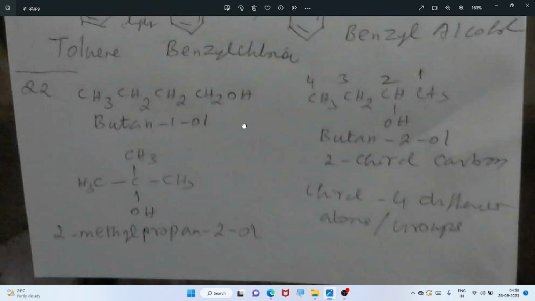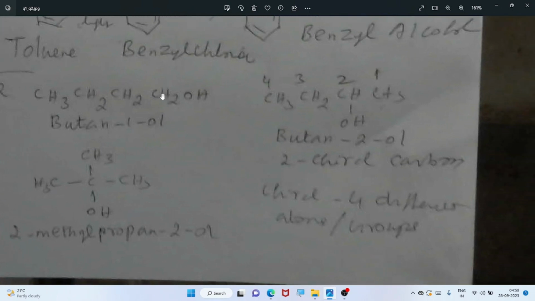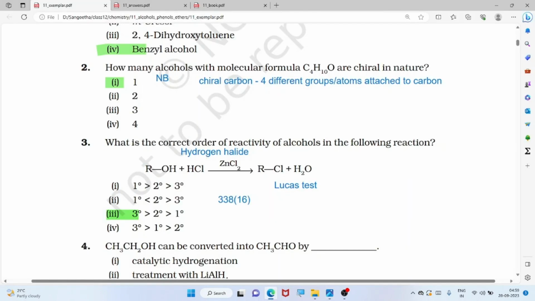Here two hydrogens on the same carbon. Here you see one hydrogen, one OH, one CH3. This is the chiral carbon. So how many are chiral in nature? Only one.